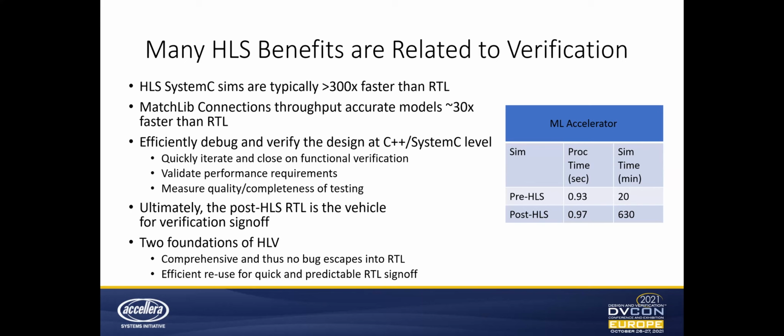The table on the right here highlights the performance measurements that we took from our machine learning accelerator design and test bench. The pre-HLS simulation that targeted the SystemC version of the design took about 20 minutes to run, whereas the equivalent post-synthesis RTL took about 30 times longer to finish.